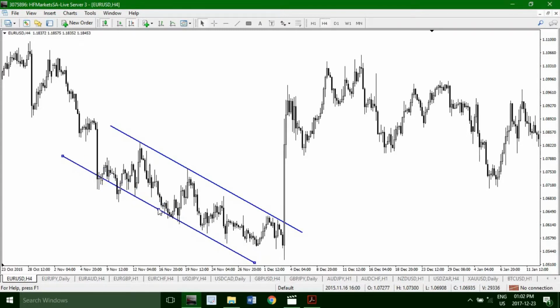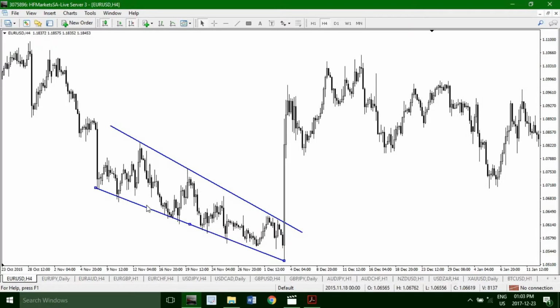So this clearly tells us we are having a wedge over here, a perfect wedge. If we were to extend these lines, they would end up intersecting each other somewhere at that level right there.